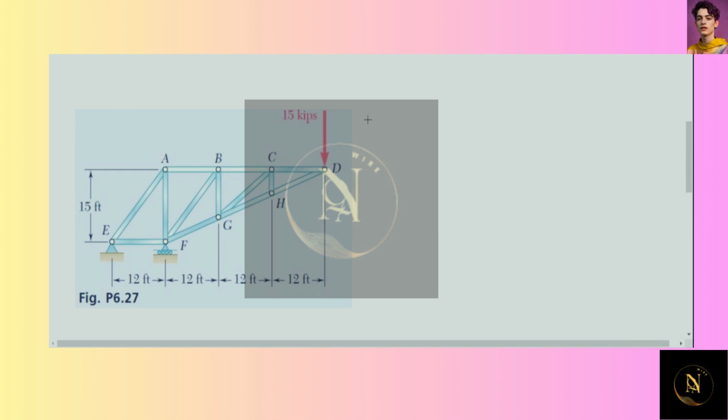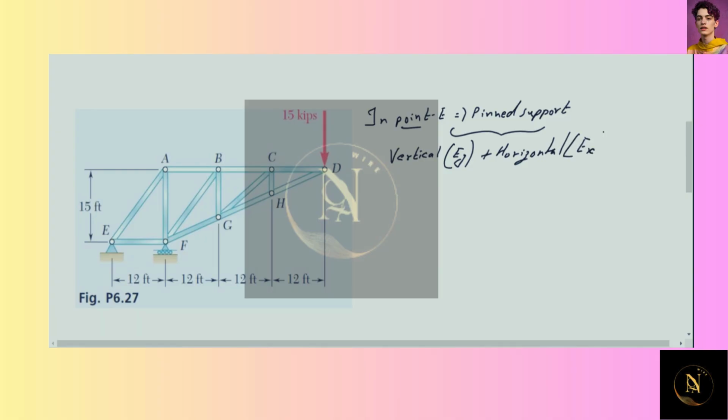Here in point E, there is a pin support, and due to this kind of support, there will be two reactions. There will be one vertical, let's call it EY, as well as one horizontal reaction, let's call it EX.